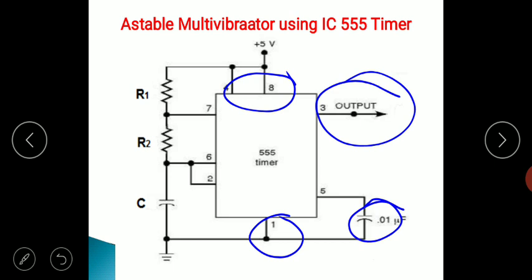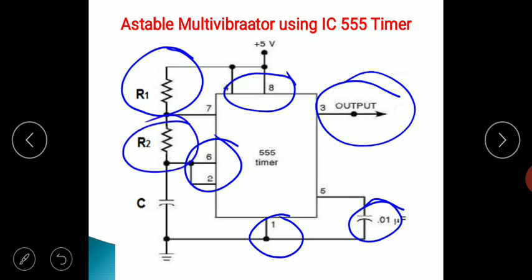So to construct an astable multivibrator, between pin number 7 and VCC, we have to connect the resistance R1. Then pin numbers 6 and 2 should be shorted, and there we have to connect a resistor R2 between pin number 7 and the shorted pins 6 and 2.